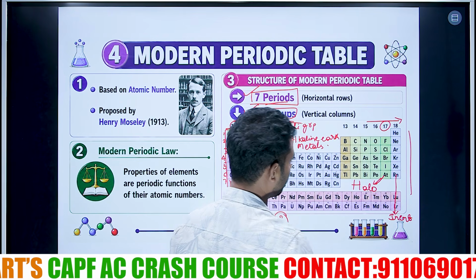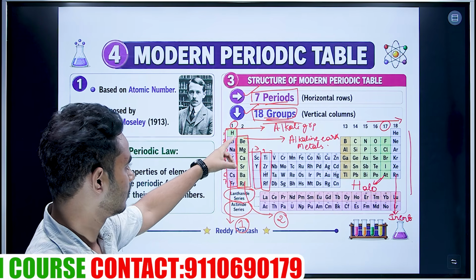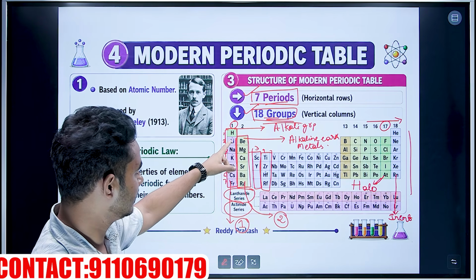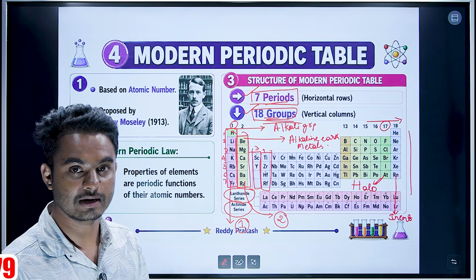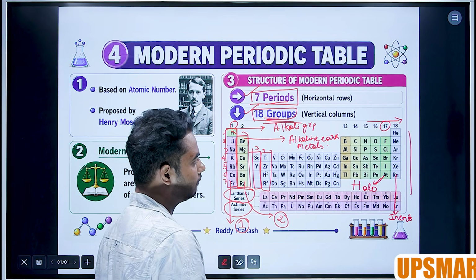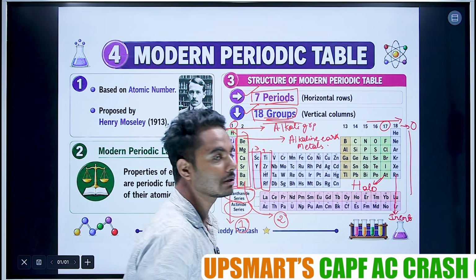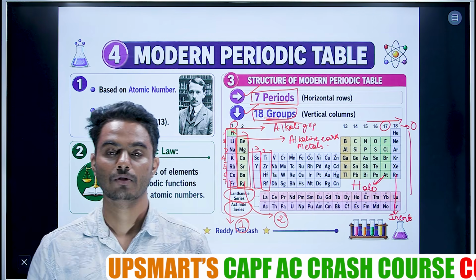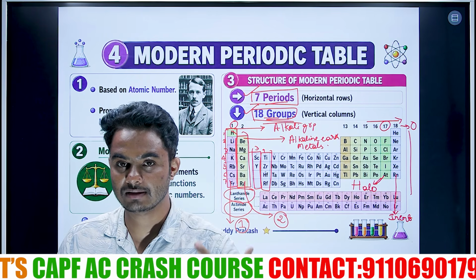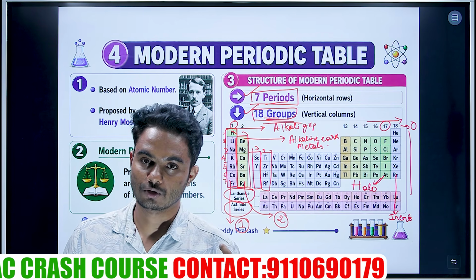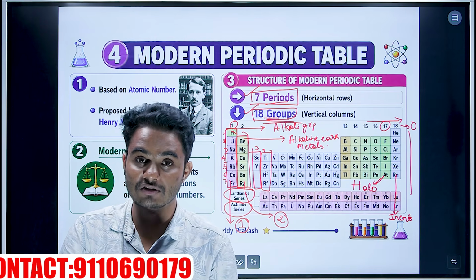Why is it called inert? Because the valency of the first group is 1, the second group is 2, and the last, 18th group, is 0, meaning the electrons are already in a stable state.